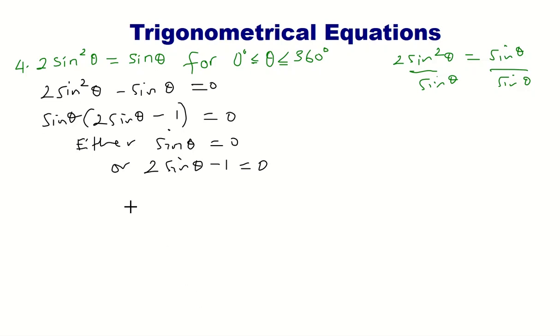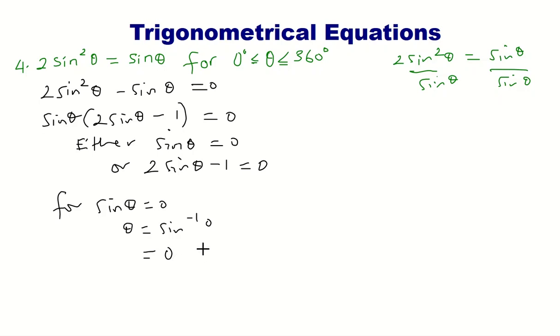All right. So we're going to solve these. For sine theta equals 0, get theta by getting the sine inverse. We already did this, sine inverse of 0, and we saw that it gives us 0.